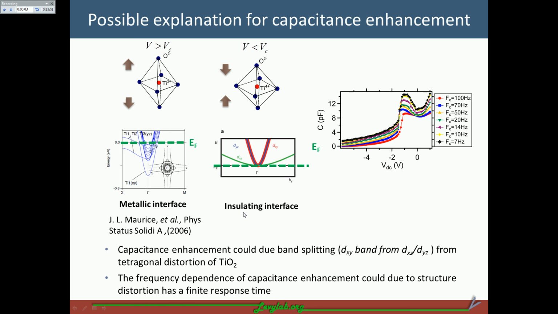So here is our possible explanation of this capacitance enhancement. Such capacitance enhancement could be due to the orthogonal distortion happening at the in-phase. The Jahn-Teller effect will make a band splitting, which may result in this capacitance enhancement phenomenon.